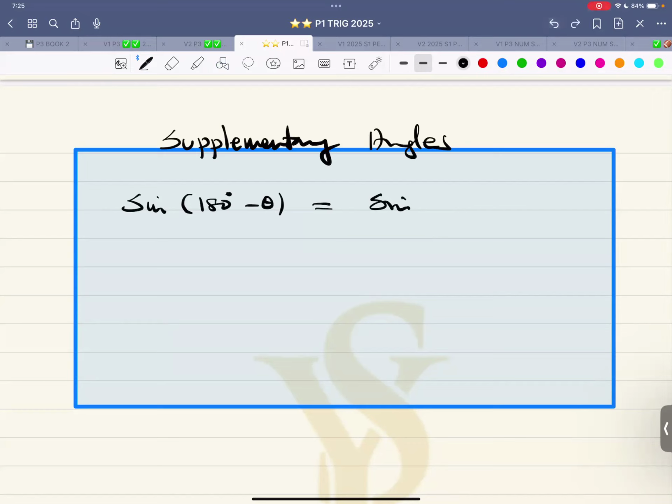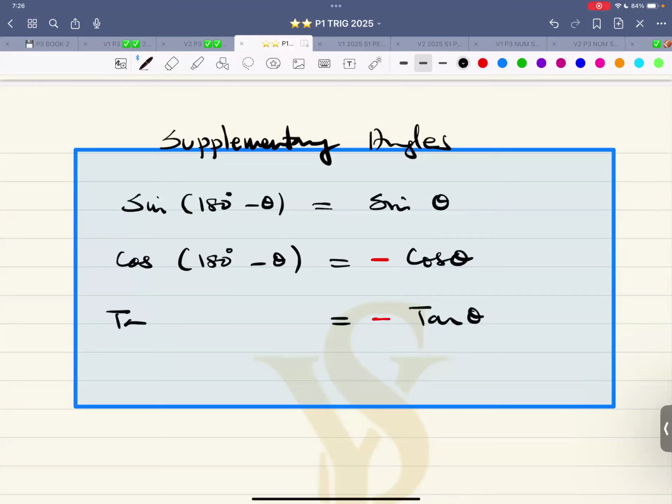And let me just write without the bracket. Cosine of 180 degrees minus theta is negative cosine theta. And tangent of 180 degrees minus theta is negative tangent of theta.